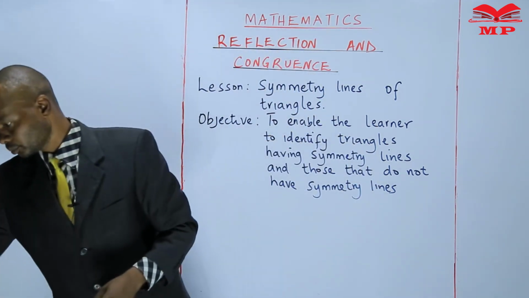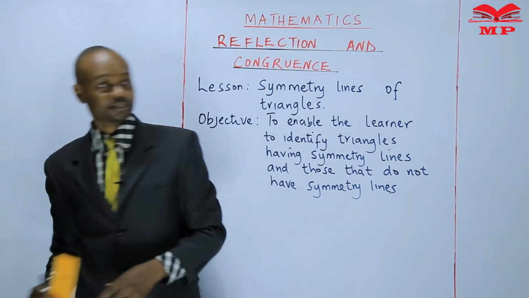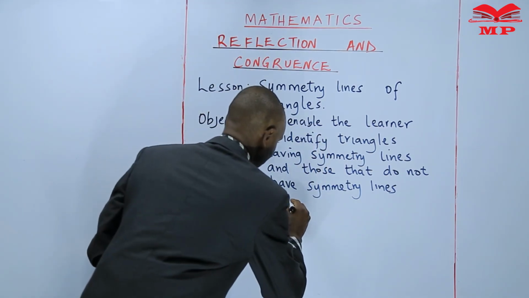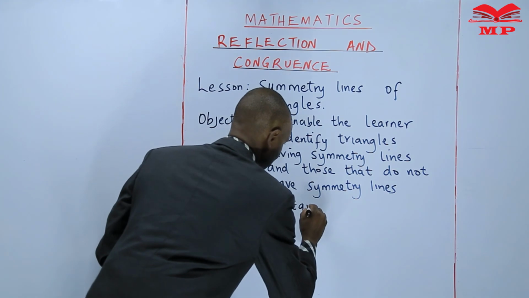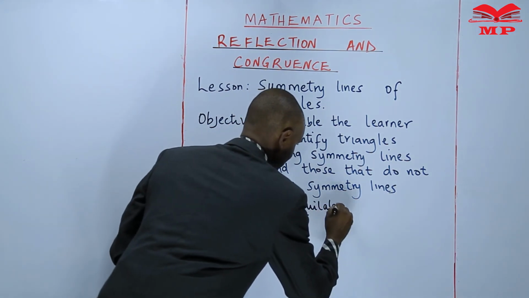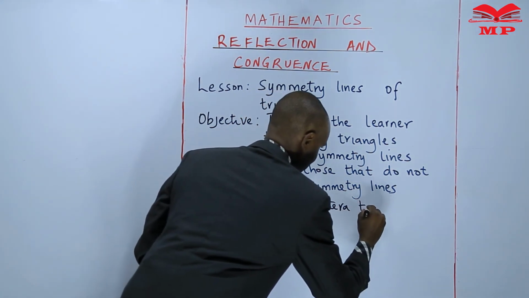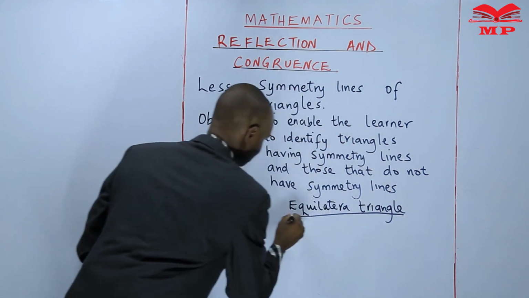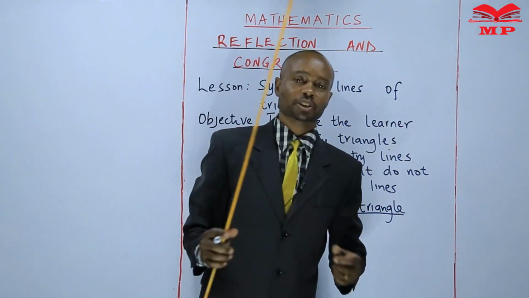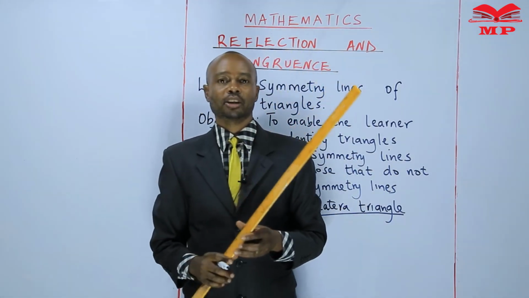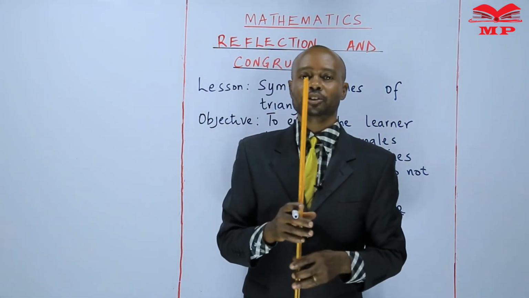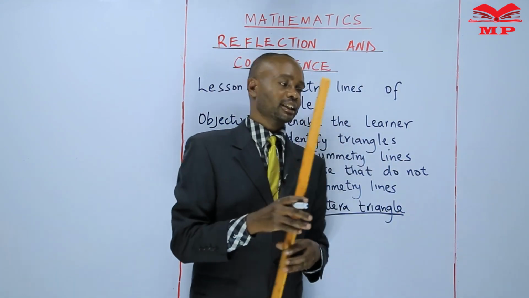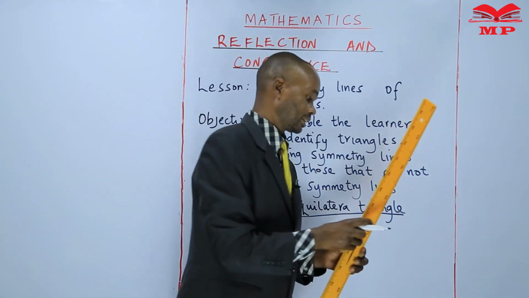So, to summarize that, we shall begin with the equilateral triangle. Note that I just showed that physically, but to get the lines by construction, you should construct the equilateral triangle and bisect all the three sides.